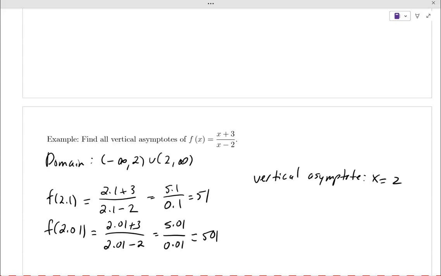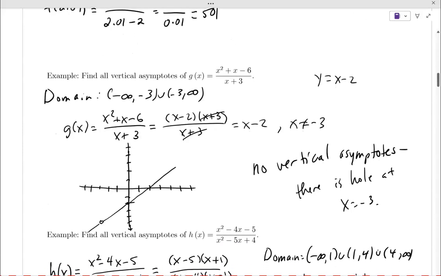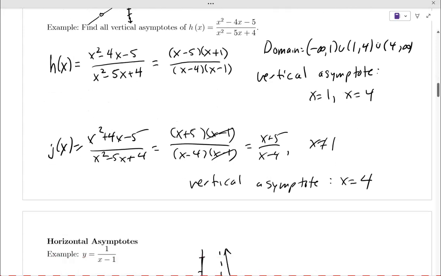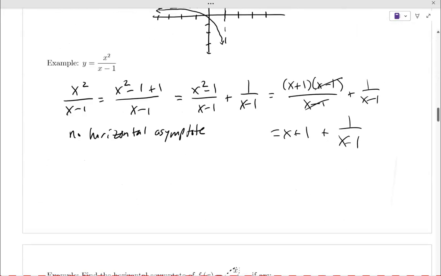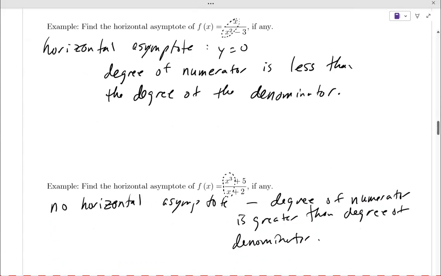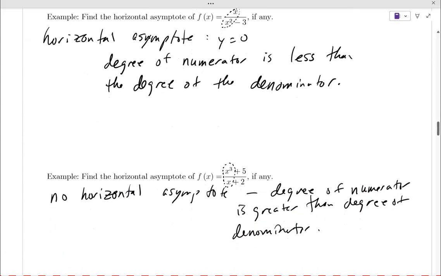It's a ratio of polynomials. We talked about finding vertical asymptotes, talked about finding horizontal asymptotes. And we noticed that going through, we can start looking at the ratio of the leading terms to help us figure out if there was a horizontal asymptote or not, right?